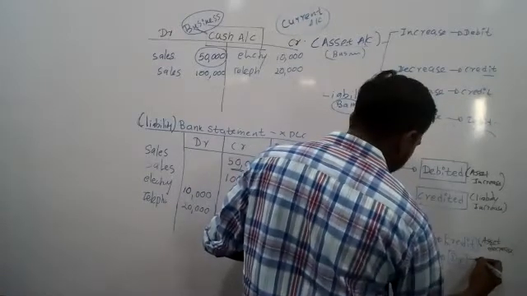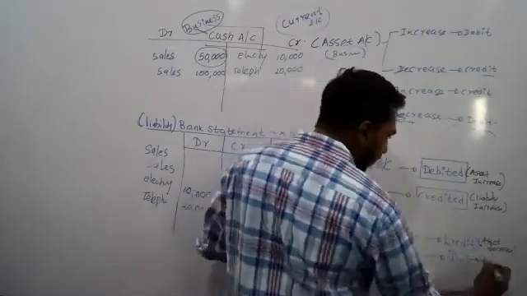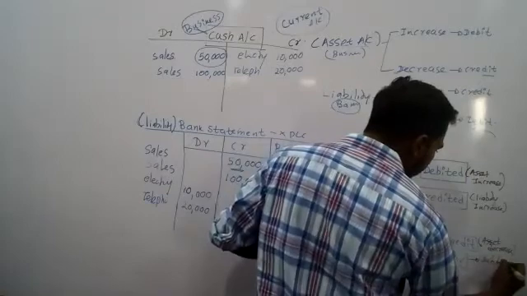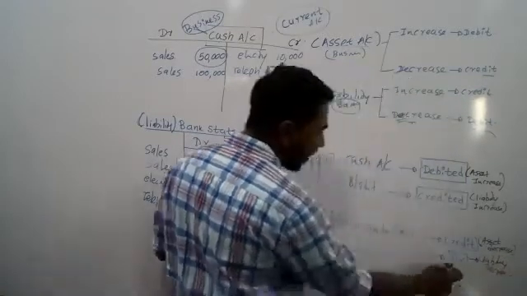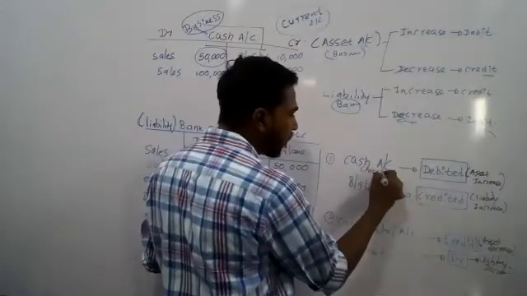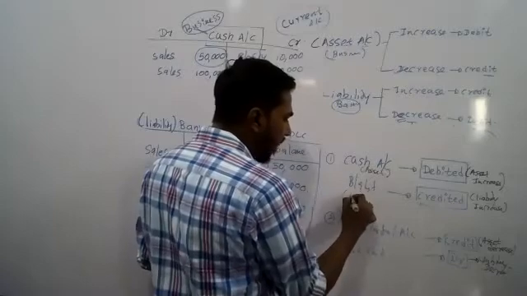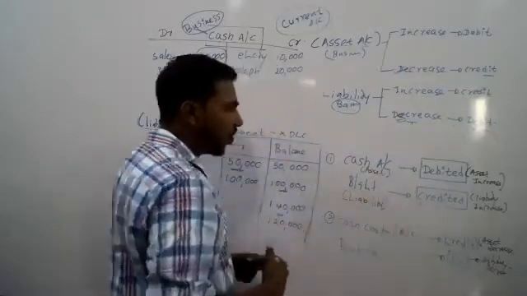Then this is why the bank statement is debited, because it's a liability decrease. Liability decrease is debit. Keep in mind cash is always an asset. Bank statement is always a what? Liability for you.